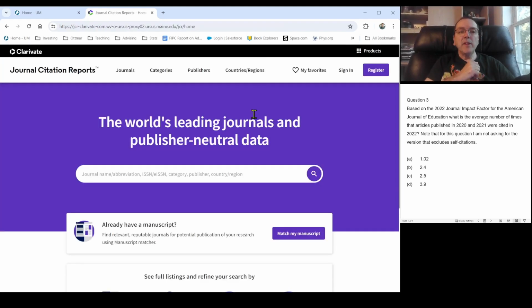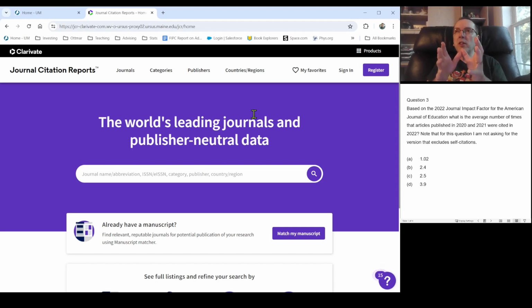Great. The Journal Citation Reports is an online database. They don't focus on the individual papers or research articles. That's Web of Science. Journal Citation Reports instead focuses on the journals themselves and tries to look at different ways to get a sense of the impact the journals are having.